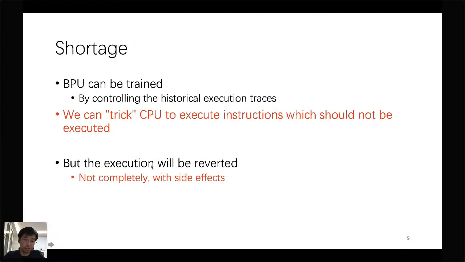But the problem here is that the reversion of the executions is not complete, which means it has some side effects. Also, the side effects just exist inside the CPU microarchitecture, and in a normal way, they cannot be observed outside the CPU. So actually, we will find some way to read them out. Okay, this is the problem.